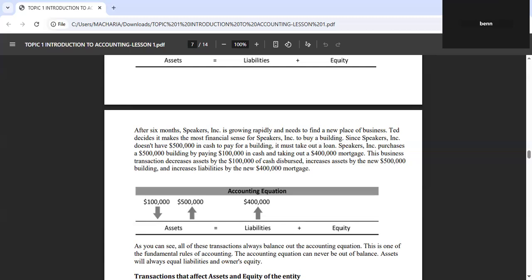This business transaction decreases assets by $100,000 cash disbursed and increases assets by $500,000, which in this case now introduces a loan of $400,000. So what is happening here?